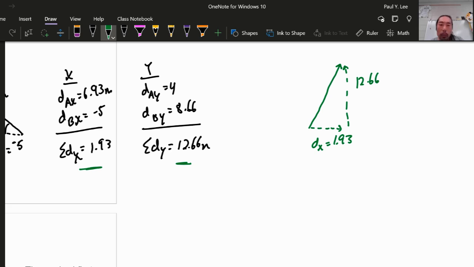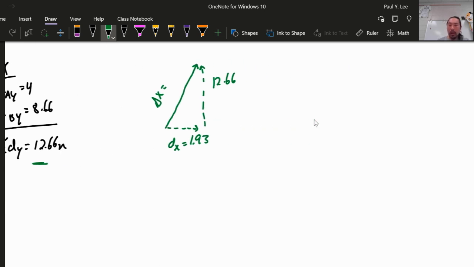Okay, so at this point, we're almost done. We have to find the actual displacement. In order to do that, we use the Pythagorean theorem. Okay, always show your work. So we have the Pythagorean theorem: the square root of 12.66 squared plus 1.93 squared.